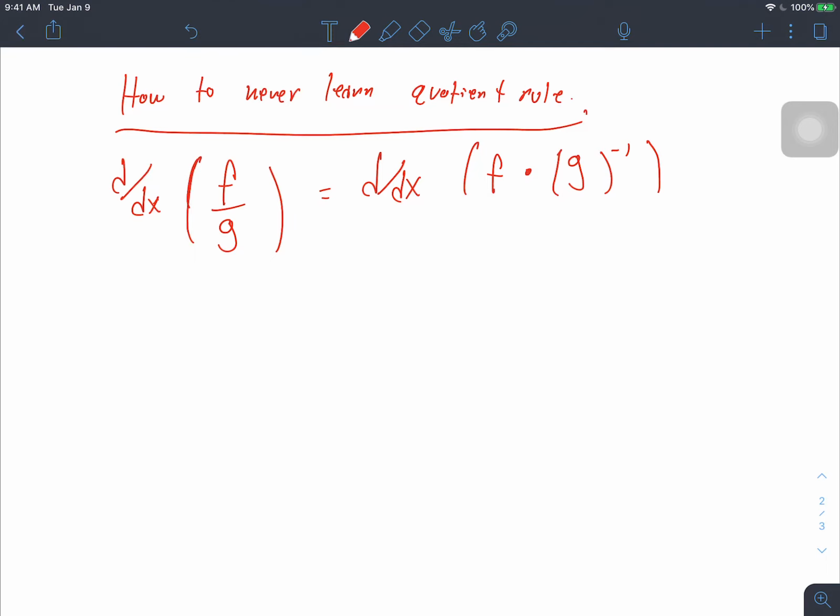So what I can do here is I know that this is going to be equal to f prime times g to the -1st power plus, I'm going to leave f alone, and then I'm going to multiply by derivative of g to the -1st power.